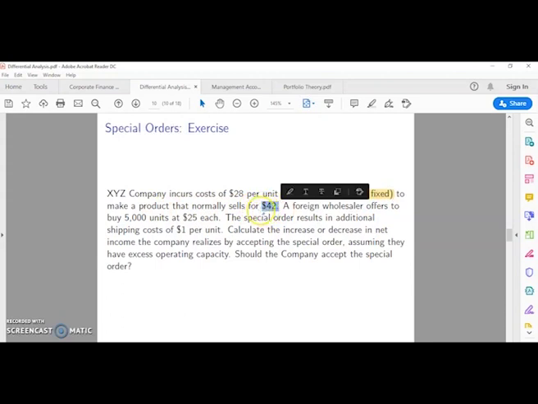So what I have here, the variable cost is 18 and the selling price is $42. This is the selling price.